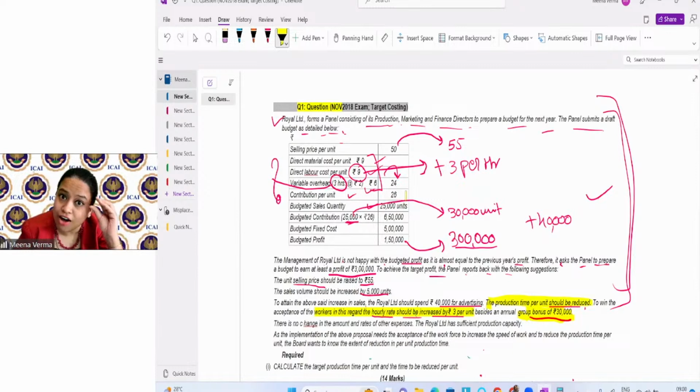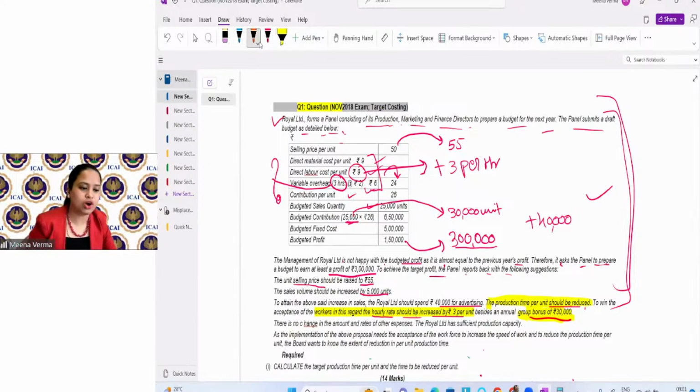Once he saves half an hour, it is not just the time of the labor that is saved, but other resources will also be saved. Because as long as the labor works, we need other overheads. If the labor works, we need electricity. If the labor works, the machine will work. If the labor works, we need other resources. So if labor hours are reduced, accordingly other variable overhead costs will be reduced.